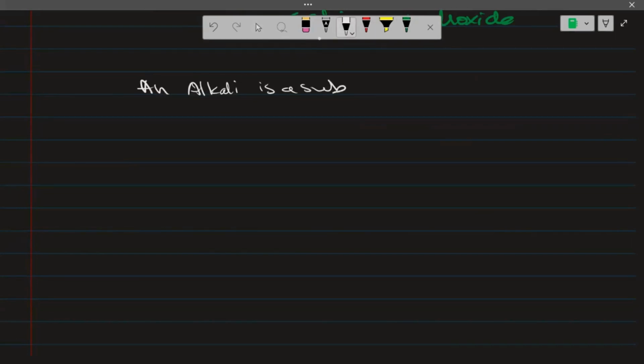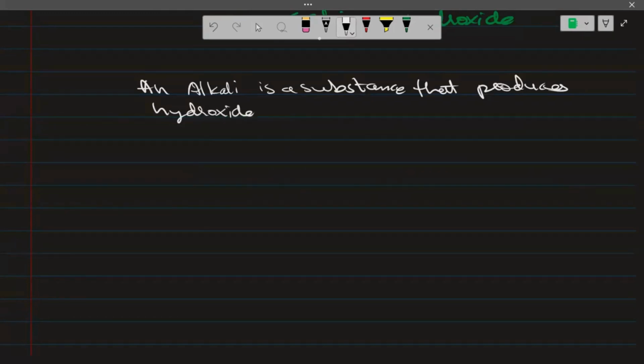You should note these definitions because they are very important and they come in the exams.